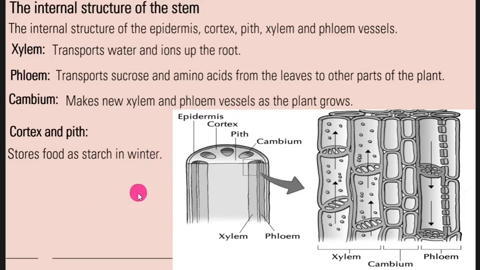All right, now let's look at the internal structure of the dicot root. So what is a dicot root? A dicot root is a root of a plant whose seed divides into two, like a seed of a bean and groundnuts.